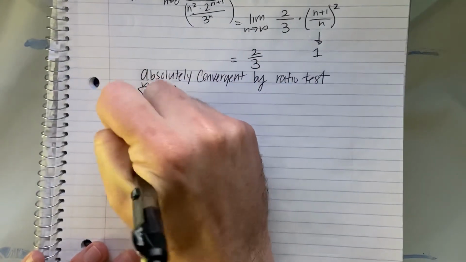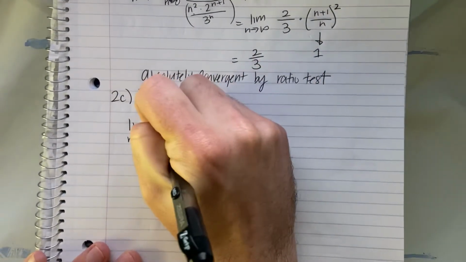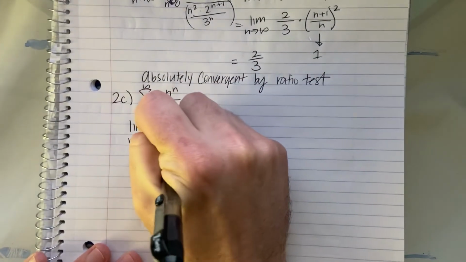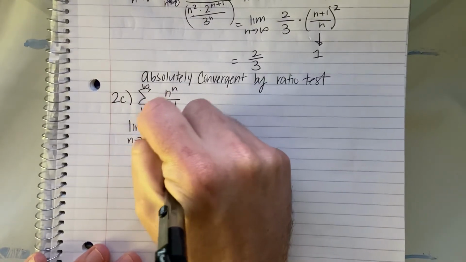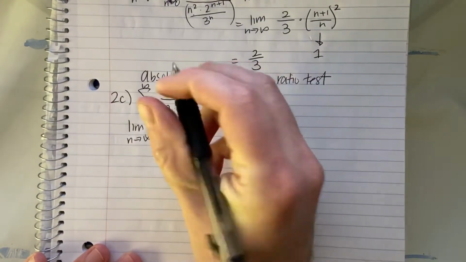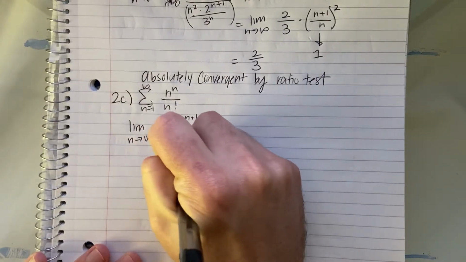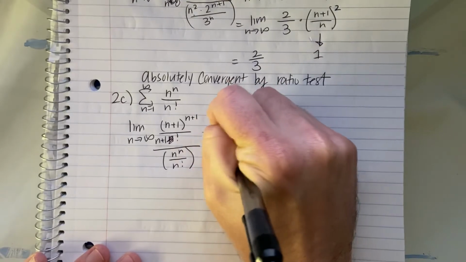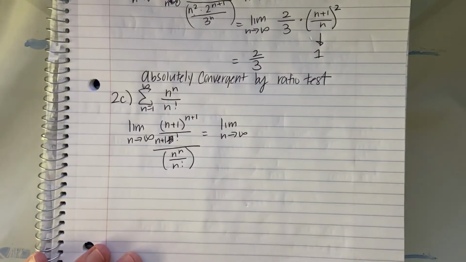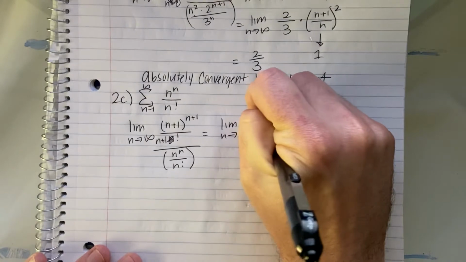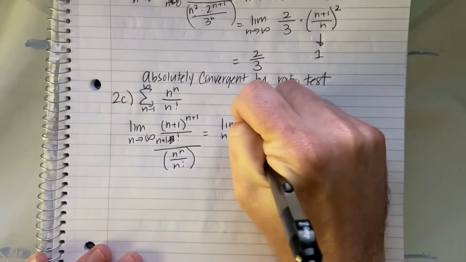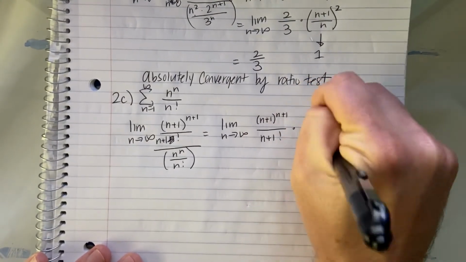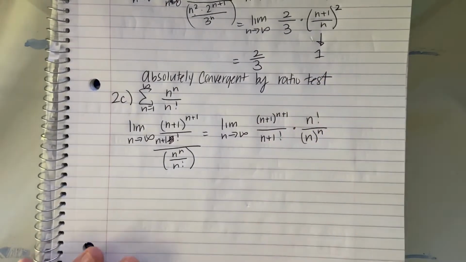So this is again going to be the limit as n goes to infinity of n plus 1 to the n plus 1 power over n plus 1 factorial, over n to the n over n factorial, which of course, again, the division becomes multiplication: n plus 1 to the n plus 1 power over n plus 1 factorial times n factorial over n to the nth.